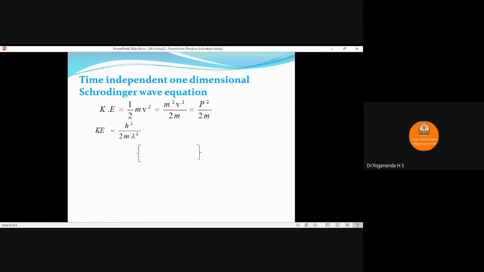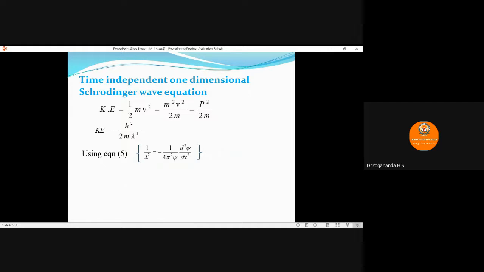Now from equation number 1, we know the value of momentum. Lambda equals h divided by p, or p is equal to h by lambda. Substitute the value of momentum. So kinetic energy is equal to h square divided by 2m lambda square. This is the kinetic energy expression.